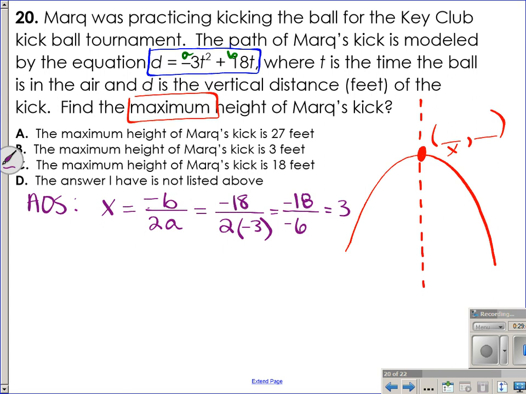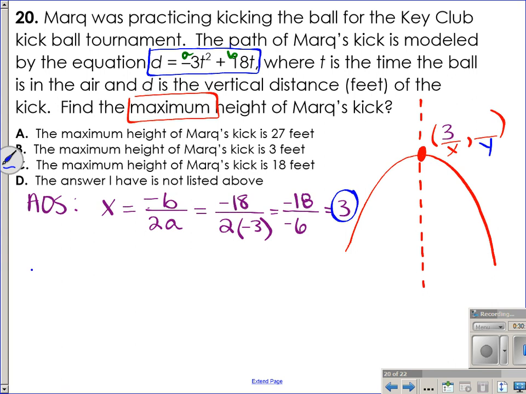So that means the x-coordinate of the vertex, which is the maximum, is 3. But that's not the maximum value itself. The maximum value comes from the y-coordinate. So in order to get that, I need to take this 3, because that's the time, and plug it back into the original formula.